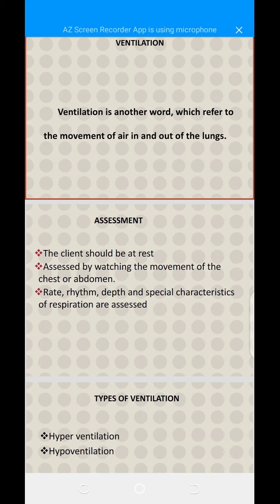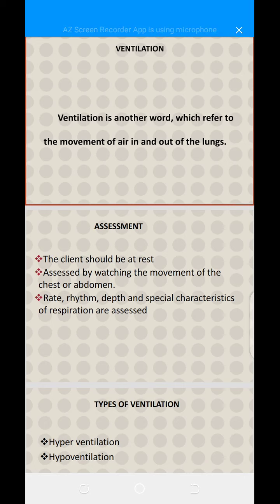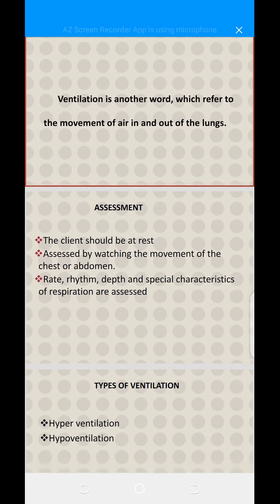For example, hyperventilation can occur following exercise. If somebody is doing exercise, the amount of air he or she is taking in and out will increase. Then we call it hyperventilation. While if somebody is having very low intake and breathing out of air, it is called hypoventilation.